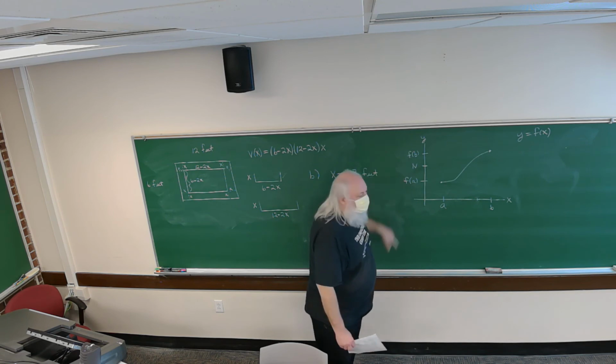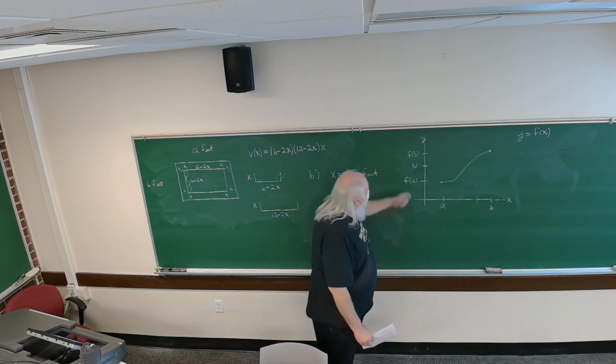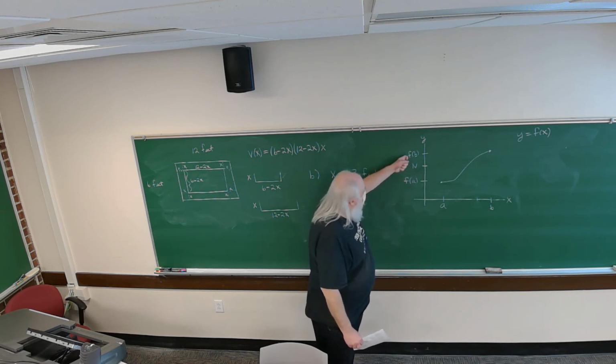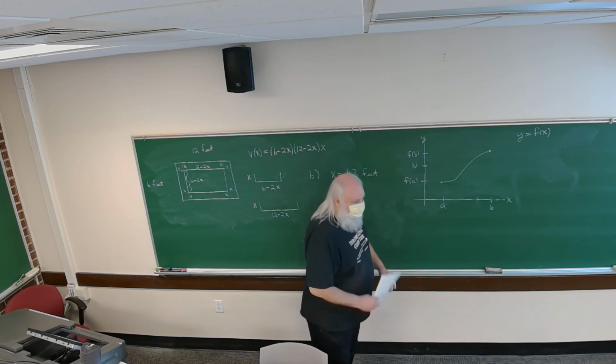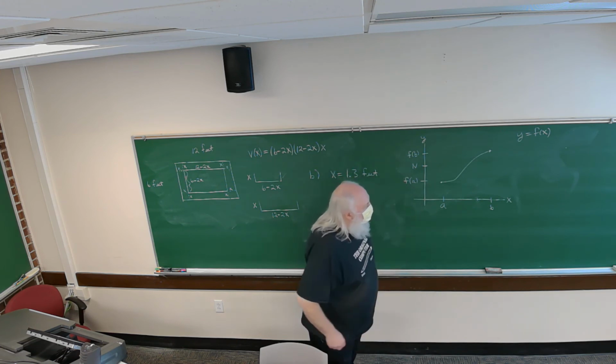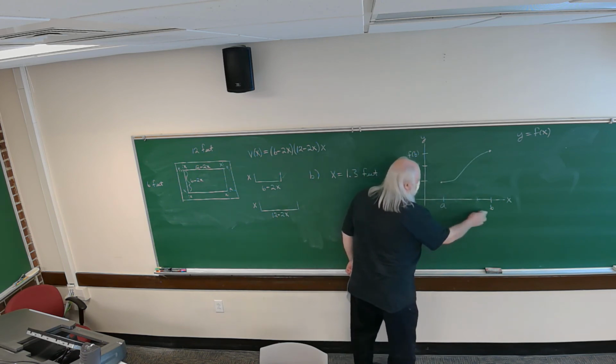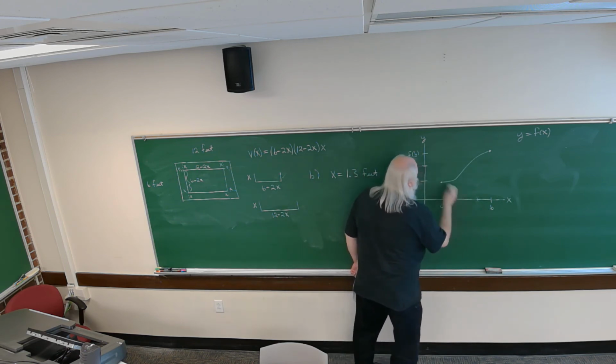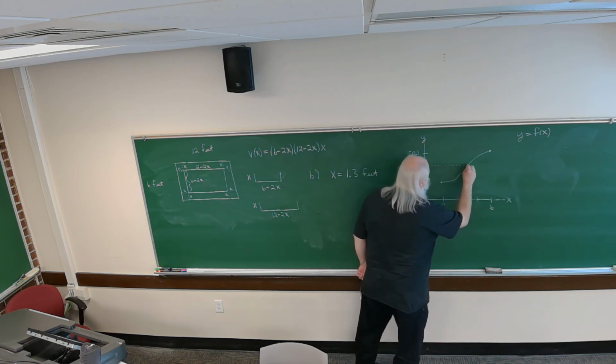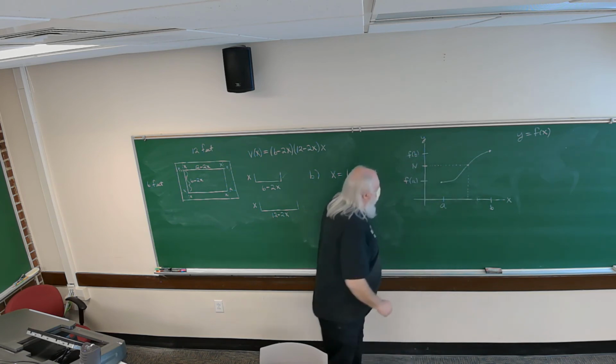Now, our function is continuous from x equals a to x equals b, and f of a and f of b are not equal, and N is some number between f of a and f of b. What the intermediate value theorem says is there has to be some number on the x-axis between a and b. I'm going to draw a horizontal line over to my graph, and then a vertical line down from that point.